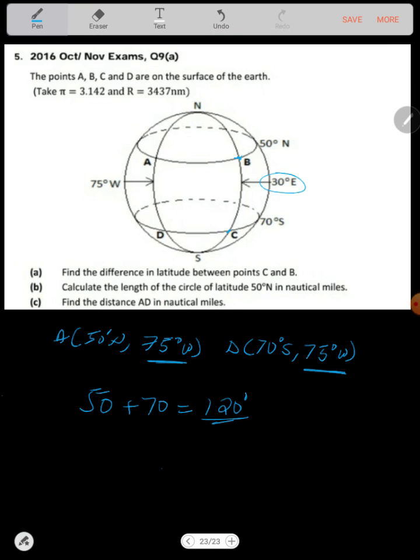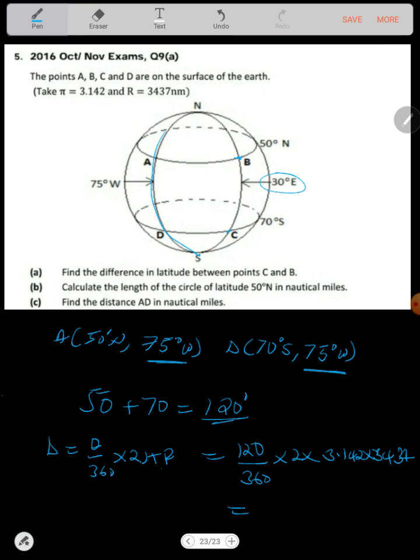What are we going to do now? 120, we know that the distance is given by theta over 360 times 2 pi r. This is a big circle, remember, so we don't add cos theta. So it's just 120 over 360 times 2 times 3.142 times 34.37.